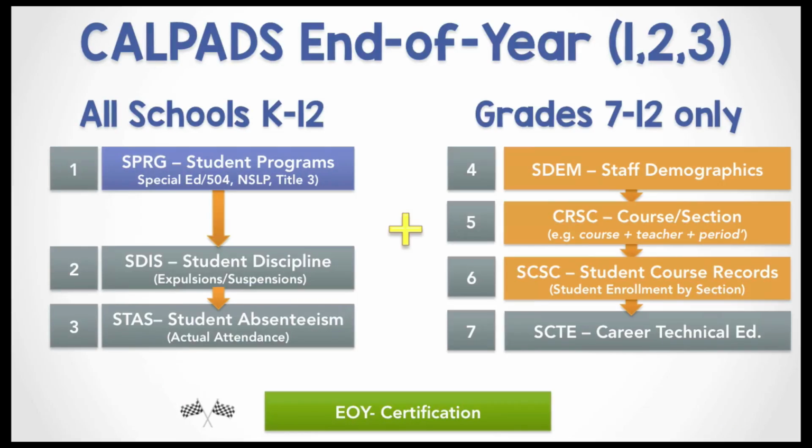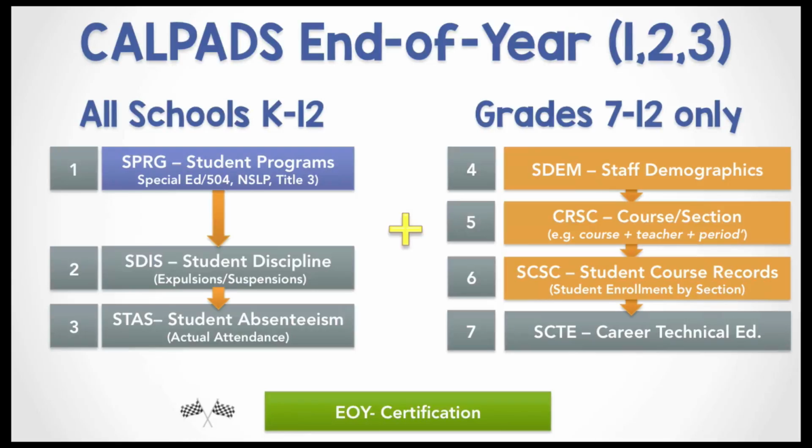So if you're in a middle school or a high school, or in some cases in elementary that has the specific courses broken out, but for most of our middle and high school students, we're also going to update the staff demographics, because you may have had a new teacher come on board, and we want to make sure that teacher's ID number is tied to the courses and the student records.